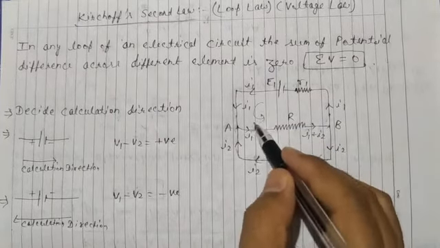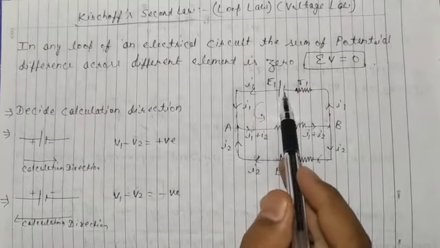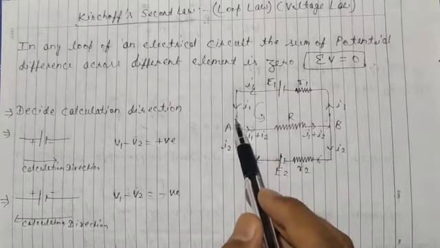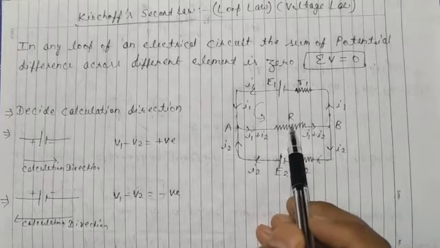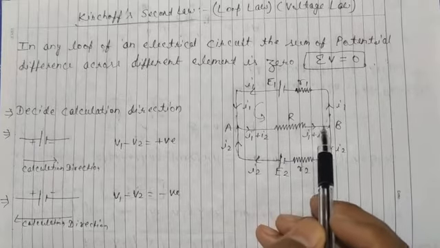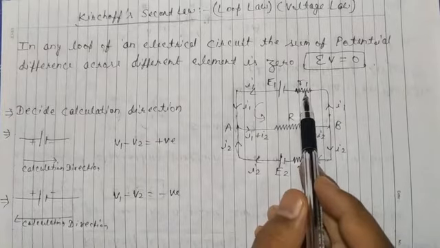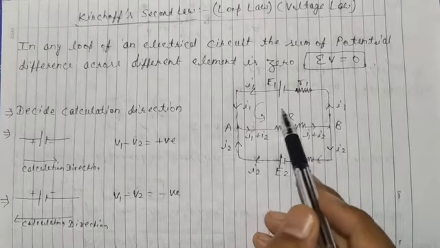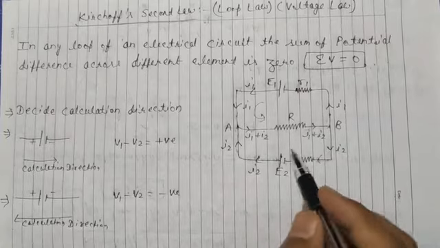In this direction means first we start from here and calculate the potential difference of this element, then we come here in this loop, this is the second element, then we calculate the potential difference of this element, then of the third element.